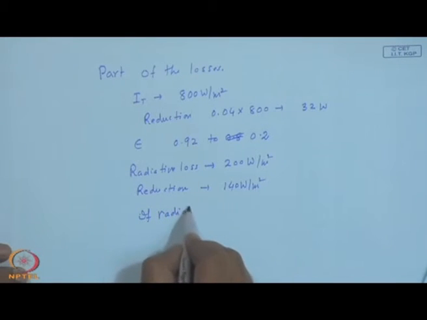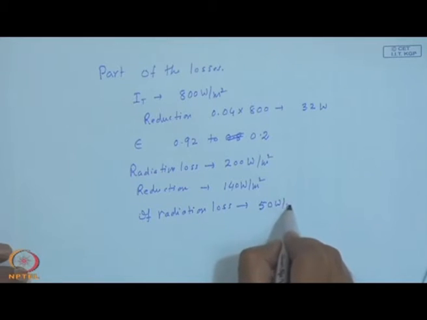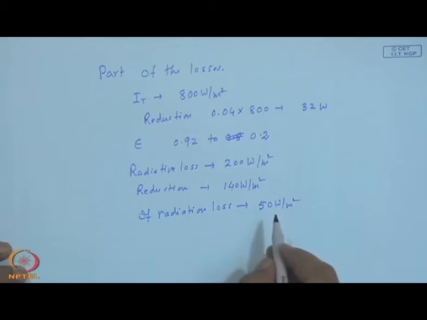And if radiation loss is only 50 watts per meter square, then my reduction will be of the order of 70%, 35 watts per meter square.